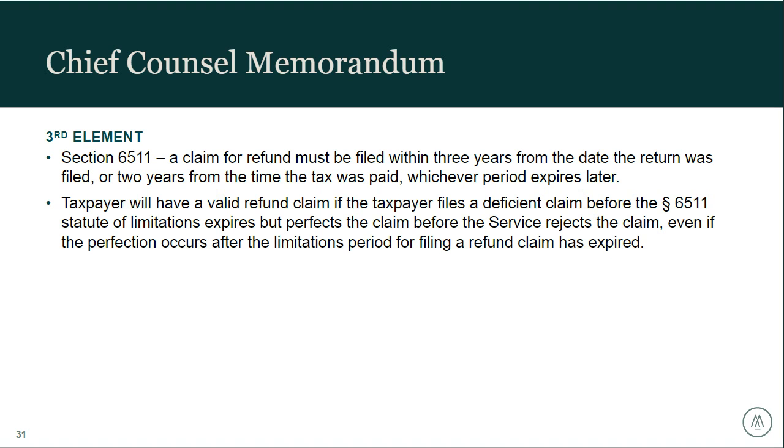So I think Chief Counsel did research on this just to consider what would happen if a taxpayer submits a claim within the statute, but then maybe the statute expires when there's still some back and forth going on between taxpayer and the IRS while they're trying to perfect their claim. So it looks like the IRS attorneys came to the conclusion that a claim would still be valid under that scenario. So that's good news for taxpayers, and sounds like they came to the right answer on this one.